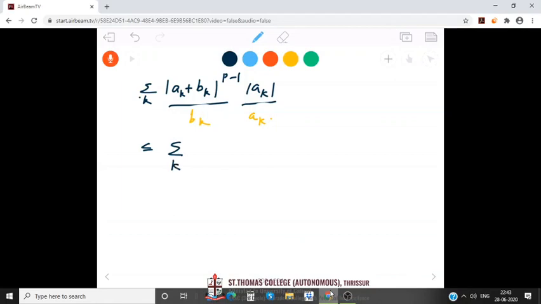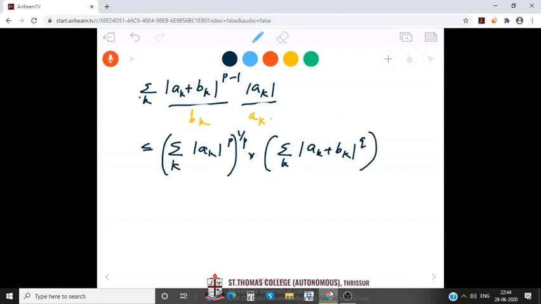summation over k absolute value of AK to the power p, the whole raised to 1 by p, product with summation over k of |BK|. |BK| is nothing but |AK plus BK| to the power q, the whole raised to 1 by q.